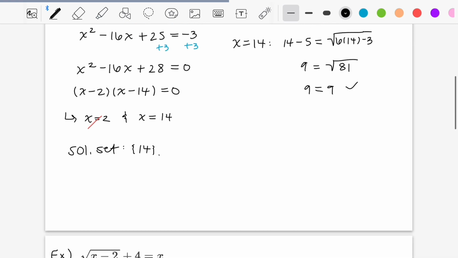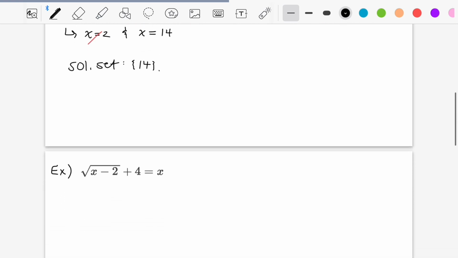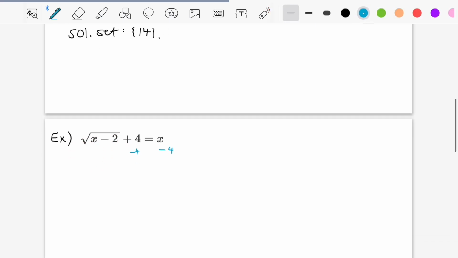Alright, so let's look at another example here. We have the square root of x minus 2 plus 4 is equal to x. The first thing we'll do is subtract 4 on both sides, because remember, we need to have the term with our radical here on one side of our equation. So we get the square root of x minus 2 is equal to x minus 4 here.